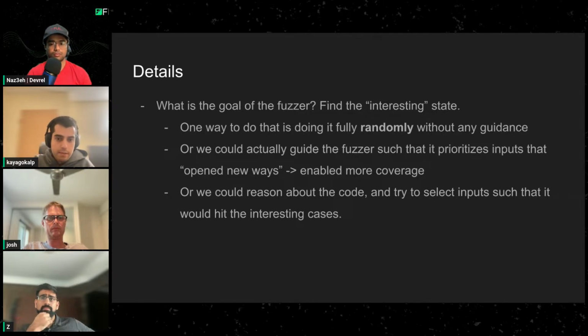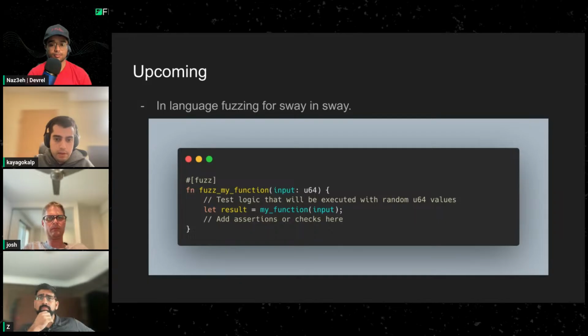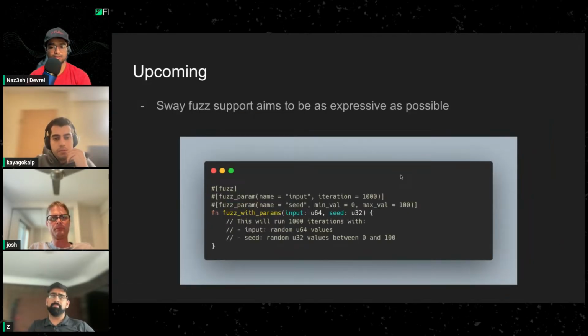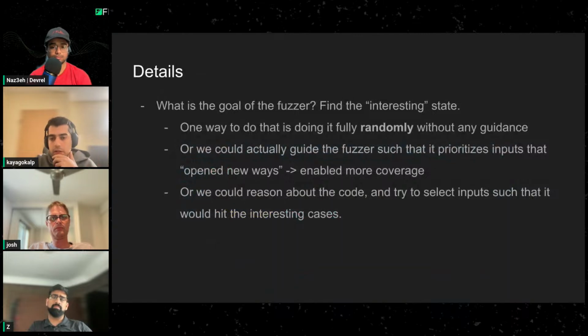If you go to the example again, we can make forc randomly select input values between the minimum number of U64, which is 0, and the maximum number of U64. And we can run this randomly again and again and again, to see if it's adhering to your assertions here. So this is one possible way that we could implement this, fully randomly.